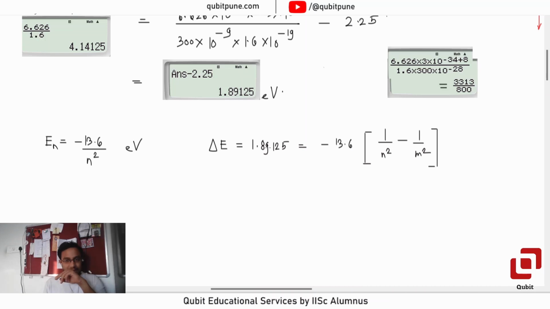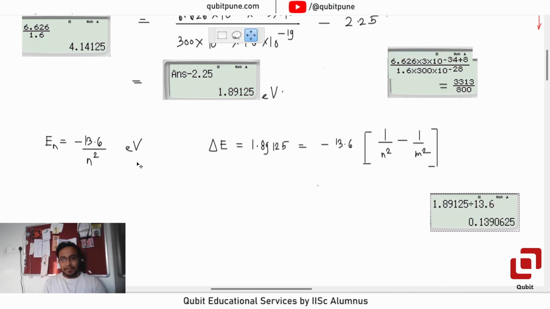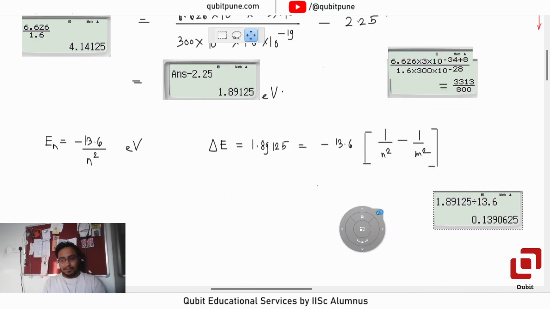So if we divide 1.89125 by 13.6, we are getting 0.139. And that will do the job for us.